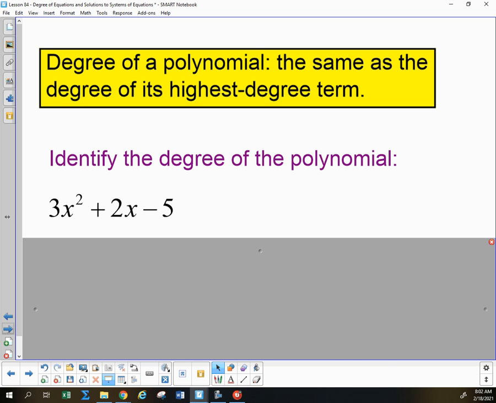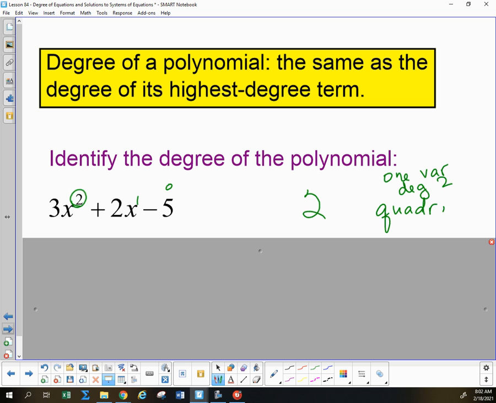So if I have one like this, this one has degree 2, this one has degree 1, this one has degree 0, the biggest one is 2. We also, if it has one variable and is degree 2, we call it a quadratic. Like the quadratic equations we've been solving if that equals 0.